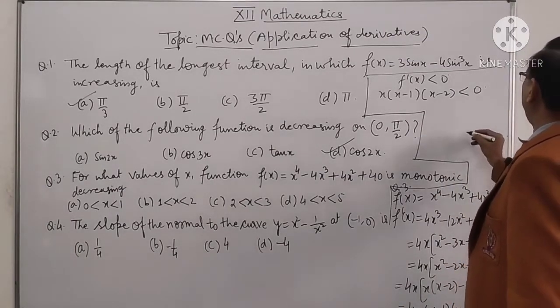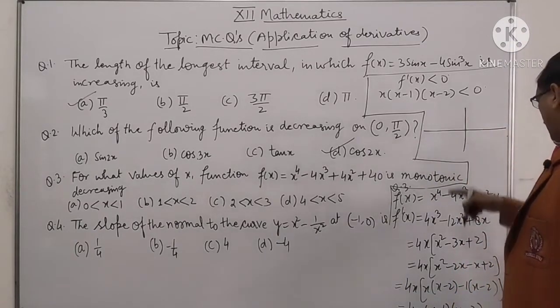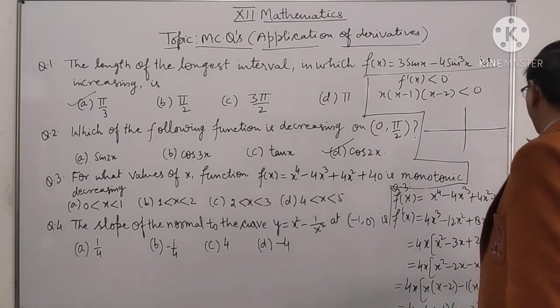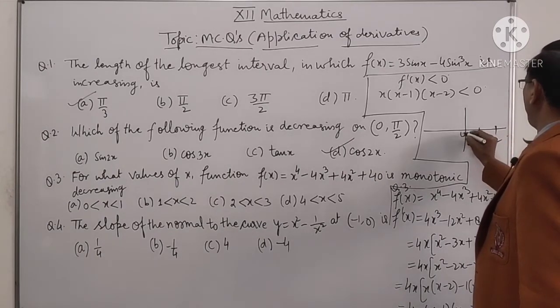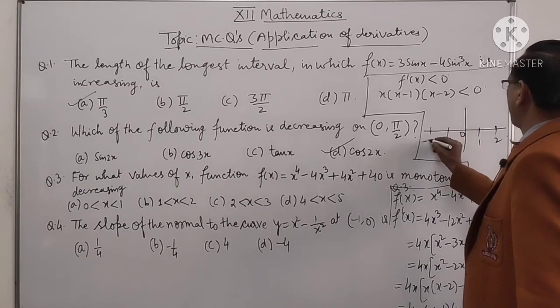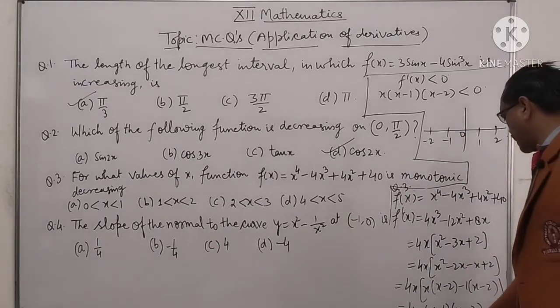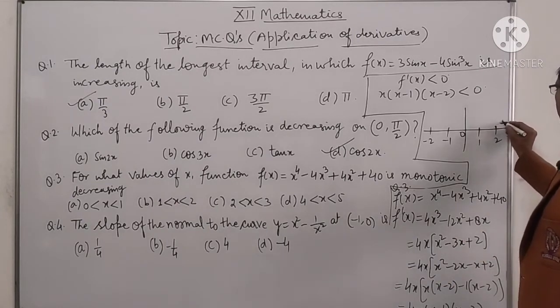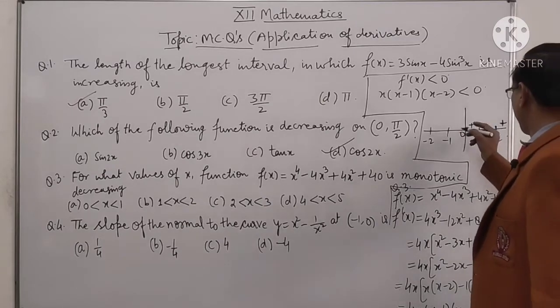If we make the graph, with points 2, 1, 0, -1, -2: when x is greater than 2, this is positive, this positive, this positive, so it is positive. Then negative, then positive, right?